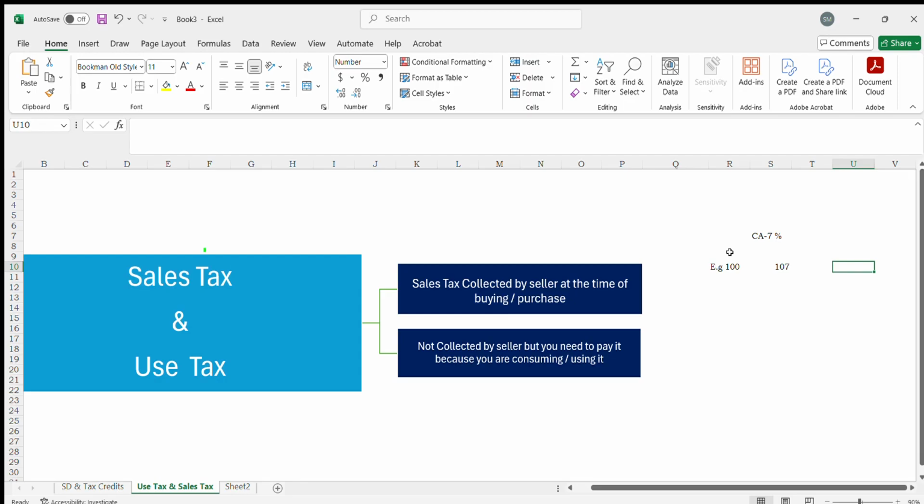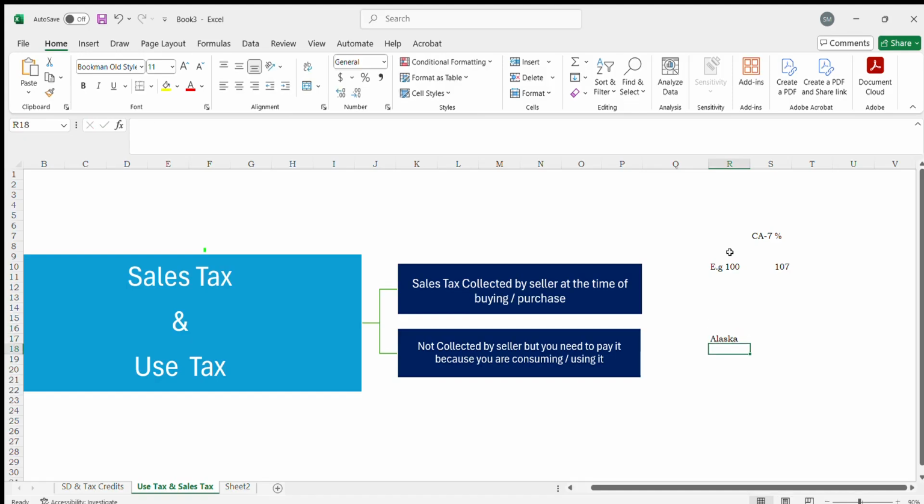But what is use tax? Use tax is a tax that applies when you buy something from out of state, or from an online store which doesn't charge you sales tax. Let's say you are living in California and you buy something from the state of Alaska.